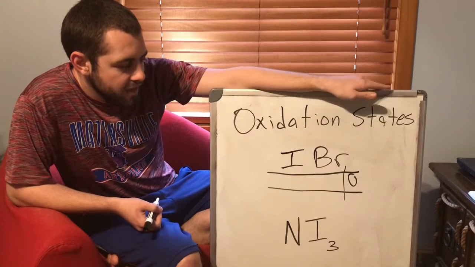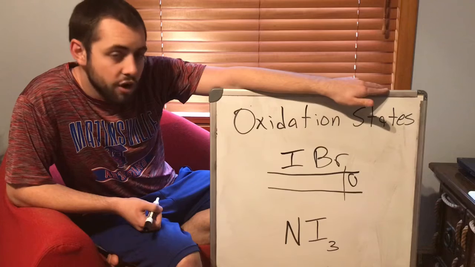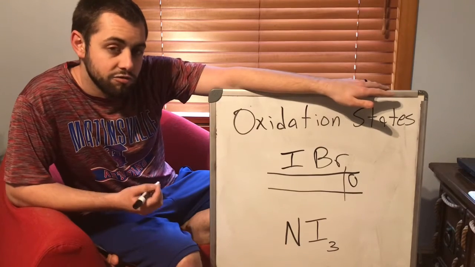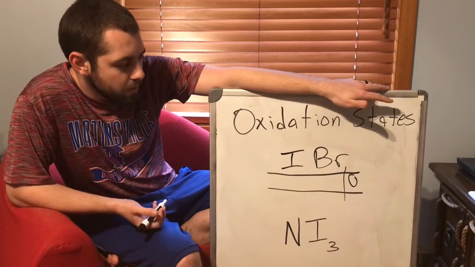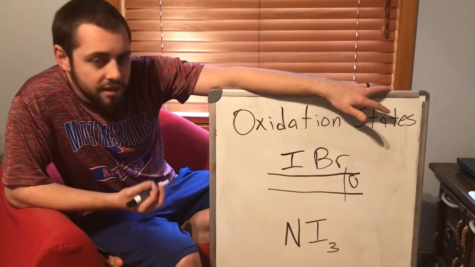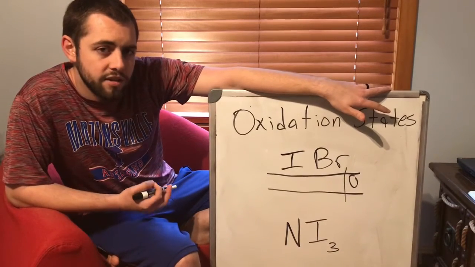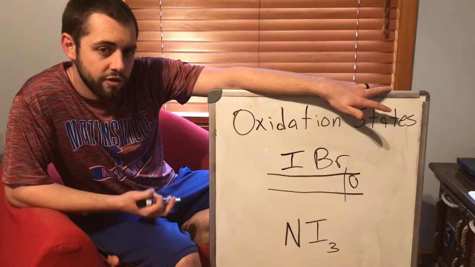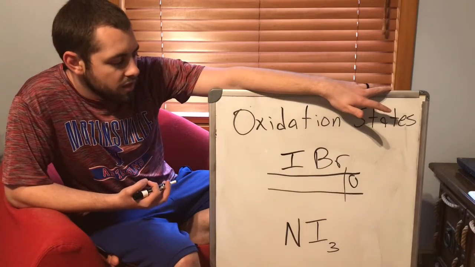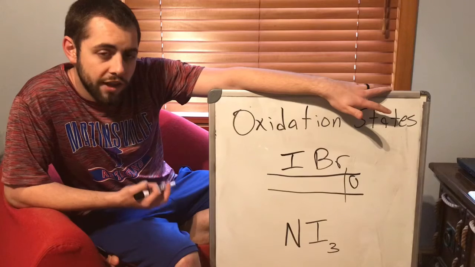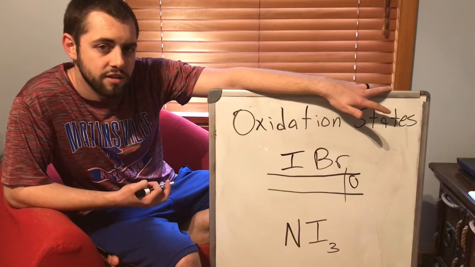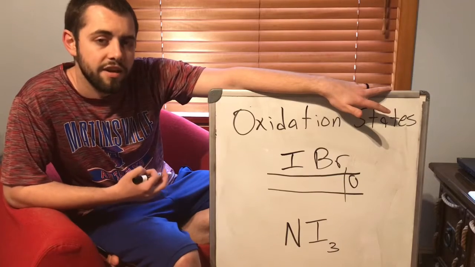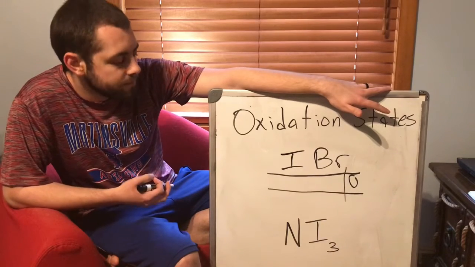Iodine and bromine, these are elements that don't actually have the rules that go along with the oxidation state. So how am I going to solve this problem? I need to think about which element is more electronegative. The element that's more electronegative is going to be the one to take the electrons, or the one to get a negative oxidation state, I could say.